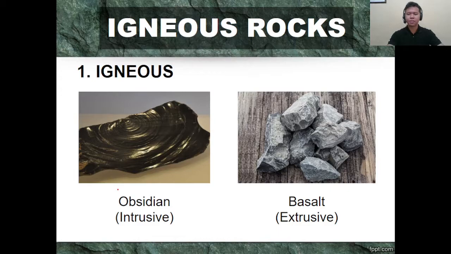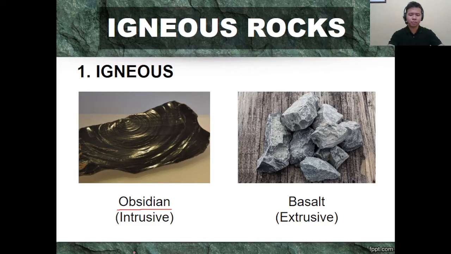On the left side of your screen, we have an obsidian. An obsidian is considered to be an intrusive igneous rock. An intrusive igneous rock usually develops from the cooling and hardening of magma. They usually develop larger crystals.